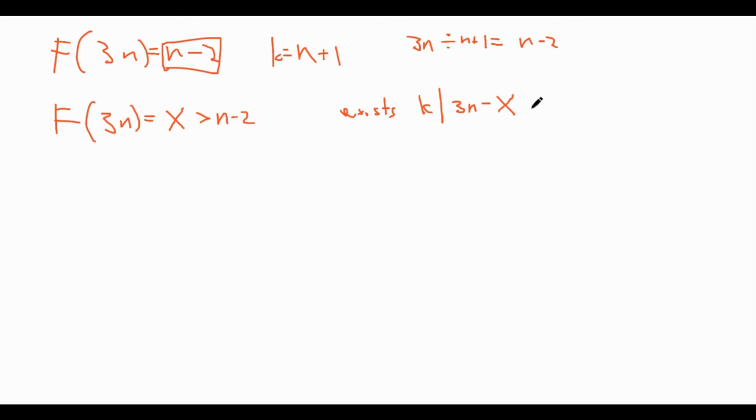Correct? And in fact, this 3n minus x, by using our inequality here, is less than 3n minus n minus 2, which is equal to 2n plus 2. So our right-hand side of this divisibility here is less than 2n plus 2.